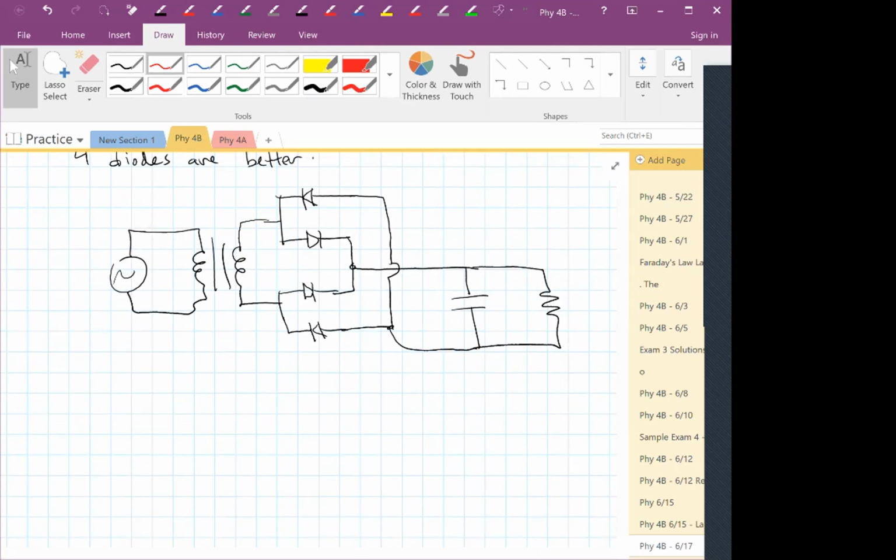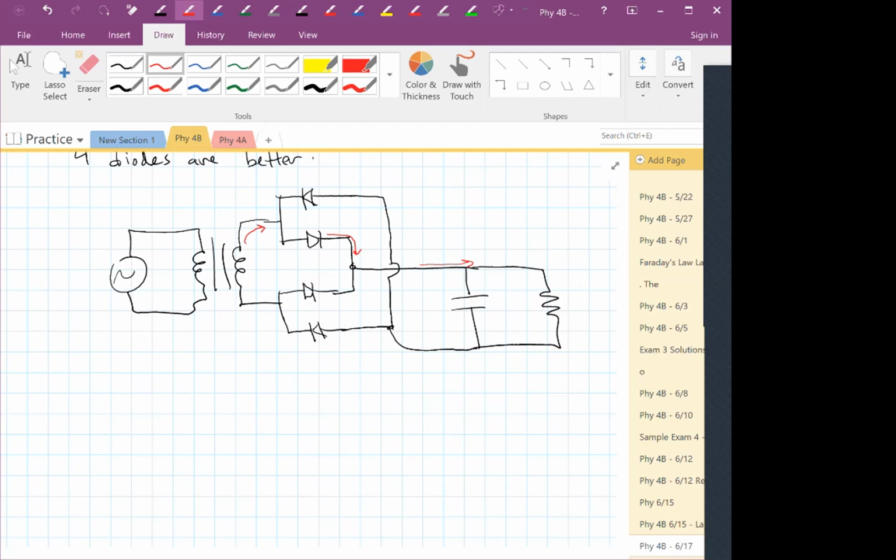So let's think about what's happening. When the current is going in this direction, what does it do? It can't go up to that upper diode. It goes through the lower one, and it goes out this direction to our circuit, to our resistor, our output.